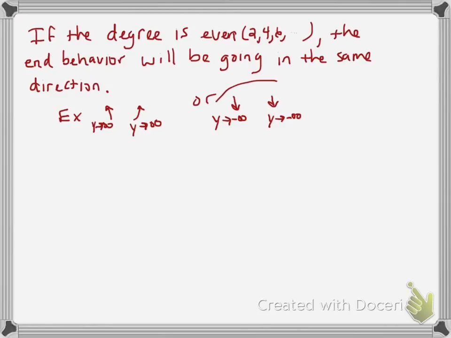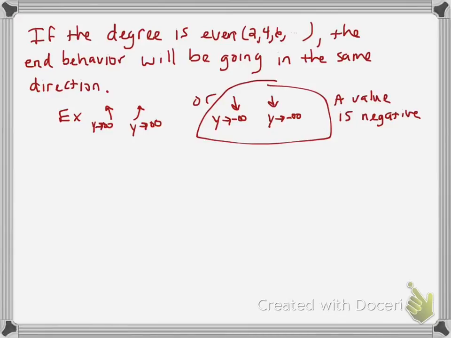Now, in this situation right here, this means my a value, and we've all discussed what the a value does, that means my a value is negative. All right, that means it has been reflected over the x-axis. Remember, our a value has the option to do three things.